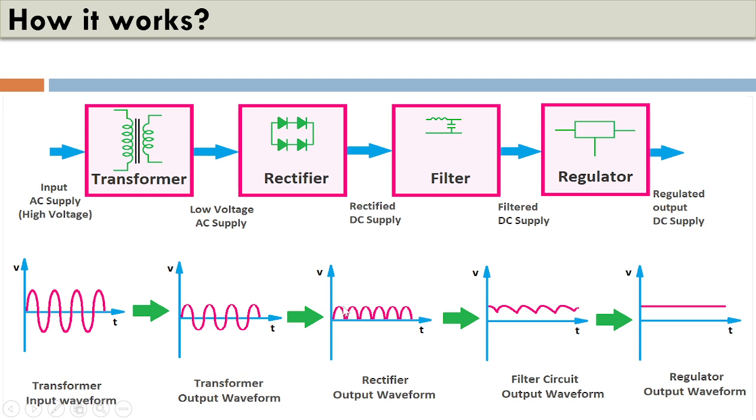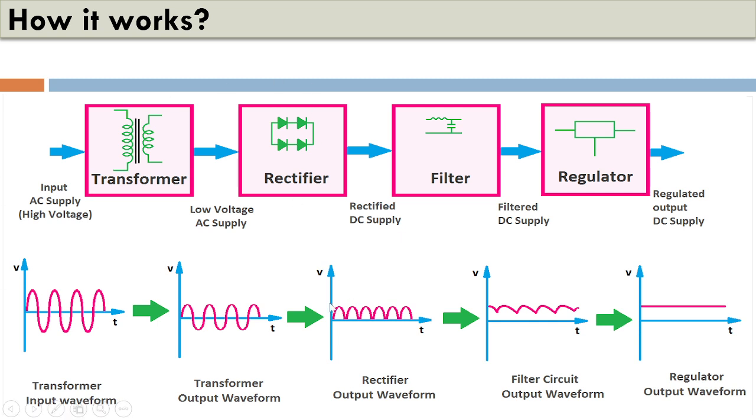Now, this particular waveform here we can see is not typically a DC voltage, though we have the waveforms on the same side, that is on the positive side, but still there should not be any frequency in a DC voltage. So we have to filter this out.